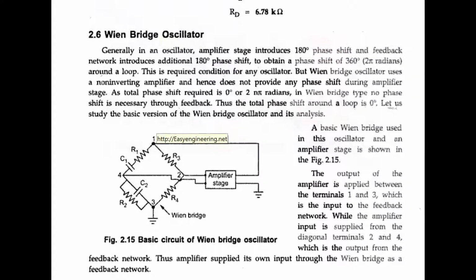If you see some textbooks, they draw the feedback network below the amplifier stage. Some cases they draw here, but it is the connection that matters, whether you draw here or here. The connection coming here and the connection coming from here to here are the same.